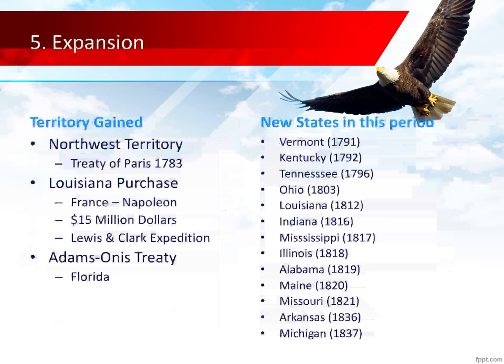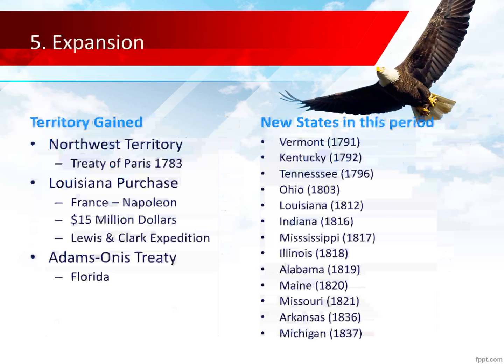The Northwest Territory kind of did it, and then the Louisiana Purchase doubled it again. So it's significantly bigger. One of the themes that's often lost, even though I don't understand why, is the Adams-Onis Treaty. Simply put, Florida was part of Spain. It was a Spanish colony. We were able to garner that from the Spanish in the Adams-Onis Treaty.